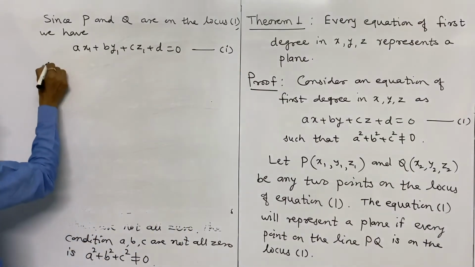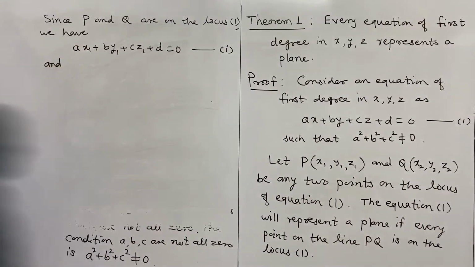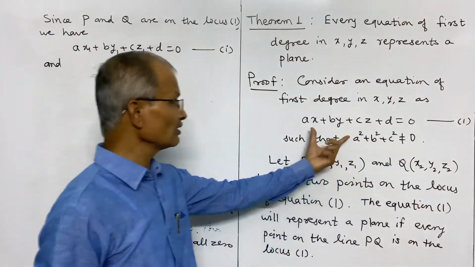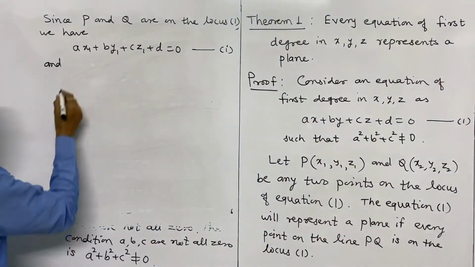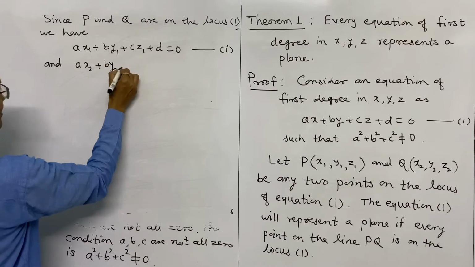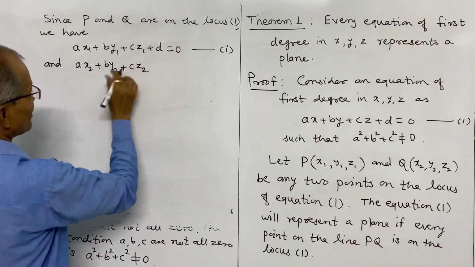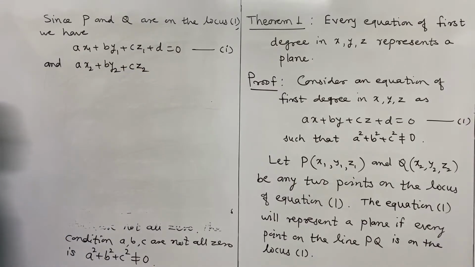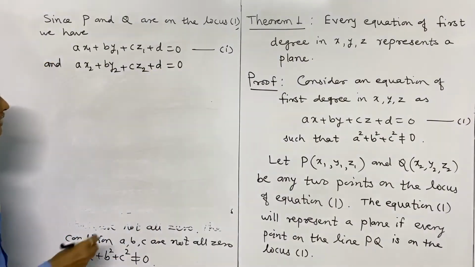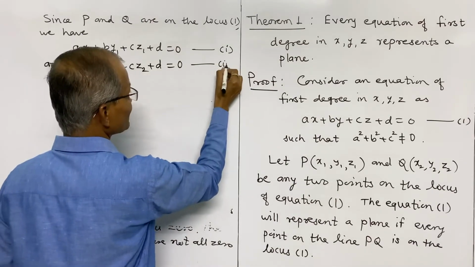And the second point Q, x2, y2, z2, is also on this locus, meaning the coordinates of the second point must also satisfy the equation, and the equation gives a x2 plus b into y2 plus c into z2 plus d is equal to 0, and we number this as second.